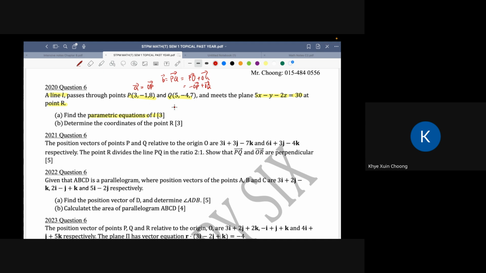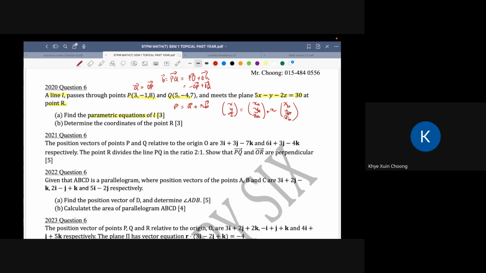Then you can first write out the vector equation. So the vector equation is R equals A plus lambda B. Since R equals A plus lambda B, R is actually equal to (x, y, z). Then A is something, let's say (xA, yA, zA), plus lambda (xB, yB, zB).